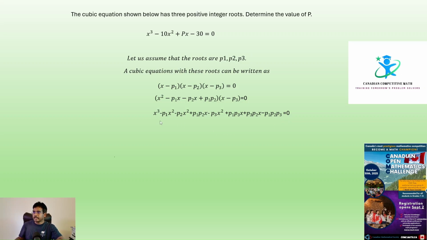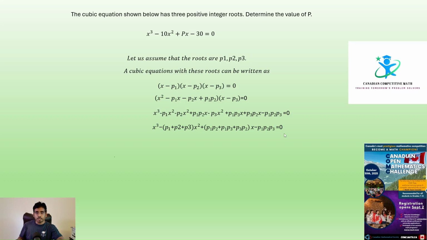If we rearrange all the terms, like all the x squared terms in one place, all the x terms in one place, and all the 0th power terms in one place, the equation looks like this. It becomes x cubed minus (p1 plus p2 plus p3)x squared plus (p1p2 plus p1p3 plus p3p2)x minus p1p2p3 equal to 0.